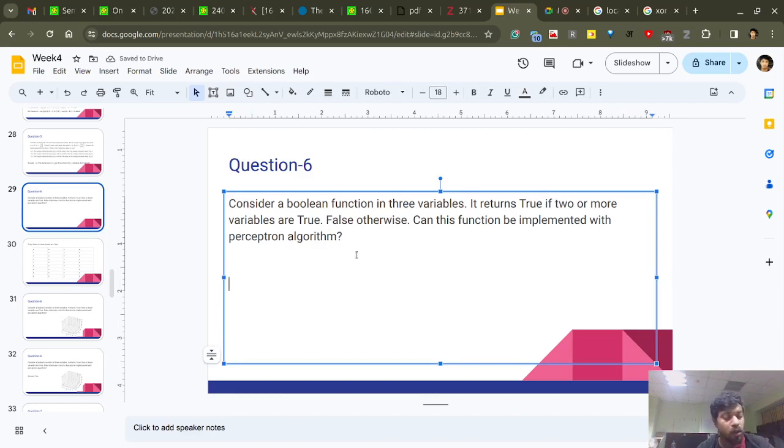So maybe x1 is 1, x2 is 1, x3 is also 1, and b is maybe minus 2. What we will do: x1 into a plus x2 into b plus x3 into c minus 2, and we are setting a threshold: if it is greater than 0 then it is true, otherwise false.